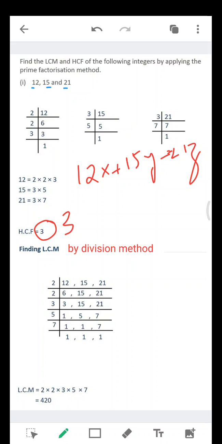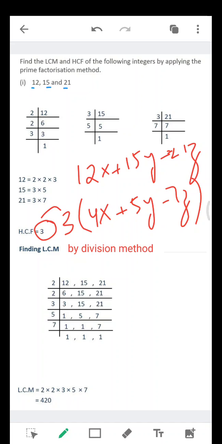So what remains is 4x, and 3 fives are 5y, and 3 sevens are 7z. So whenever we take something common from any expression or any equation, we take the SCF as common. So this is SCF.